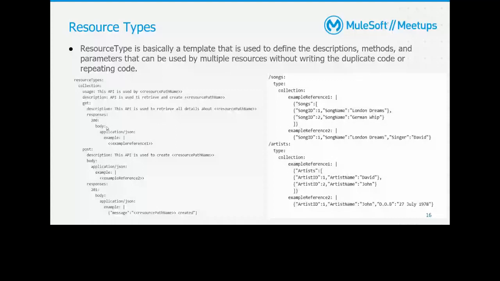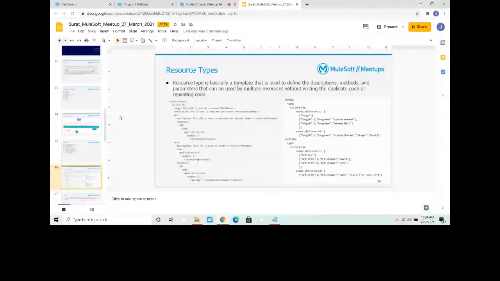Okay, so let me go with the second concept, traits. Anybody knows what is traits? You will understand better. I will give one example. Okay, what is traits? Traits. Okay.